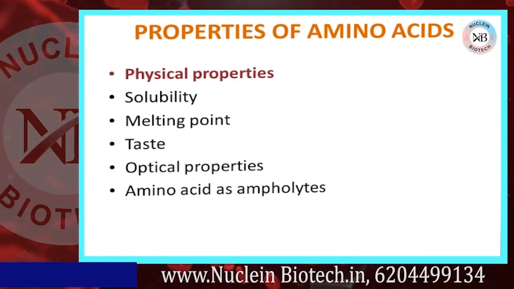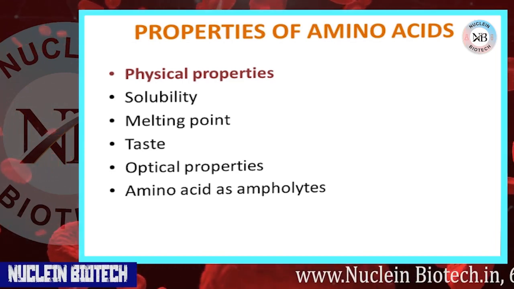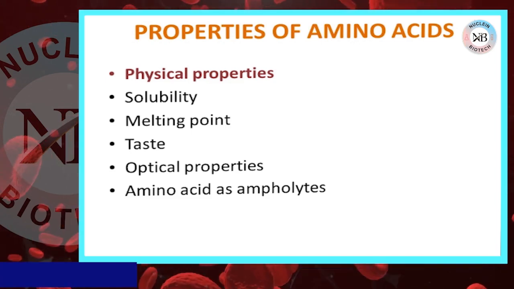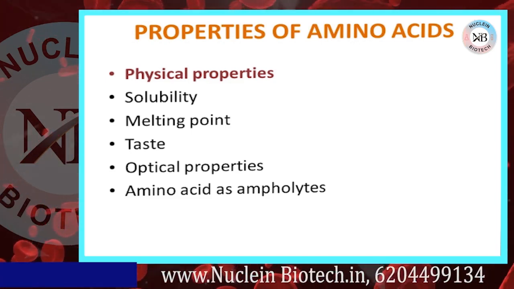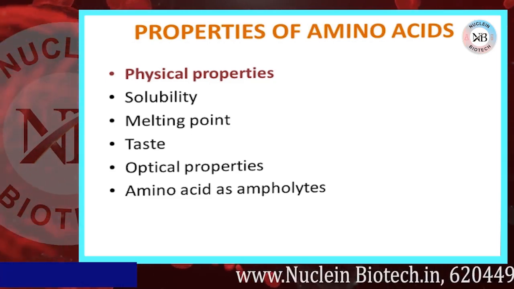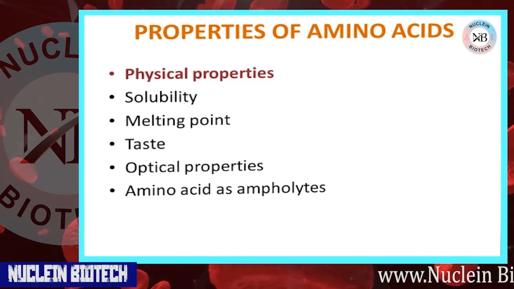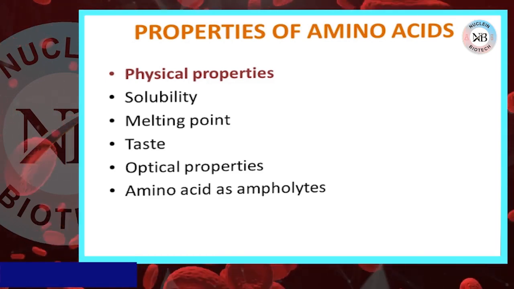Amino acids are soluble in polar solvent such as water and ethanol, but they are insoluble in non-polar solvents such as benzene or ether. If we talk about the melting point, high temperature is required to melt, which is 200 degrees Celsius.